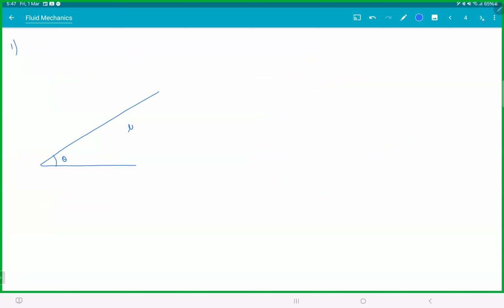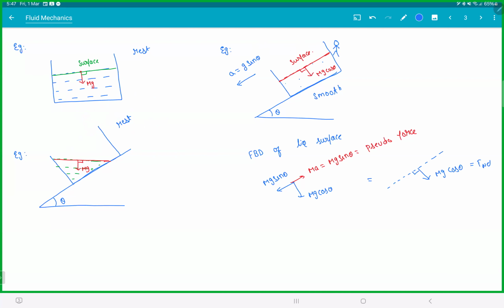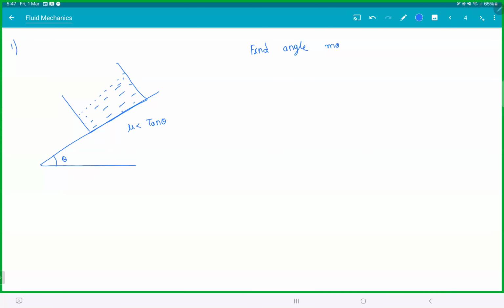This is theta. Mu is less than tan theta. Angle of repose, meaning the container would slide. Now in this we have liquid. Find the angle made by the liquid surface with respect to the horizontal. Same as example 3, but this time the acceleration won't be g sin theta.